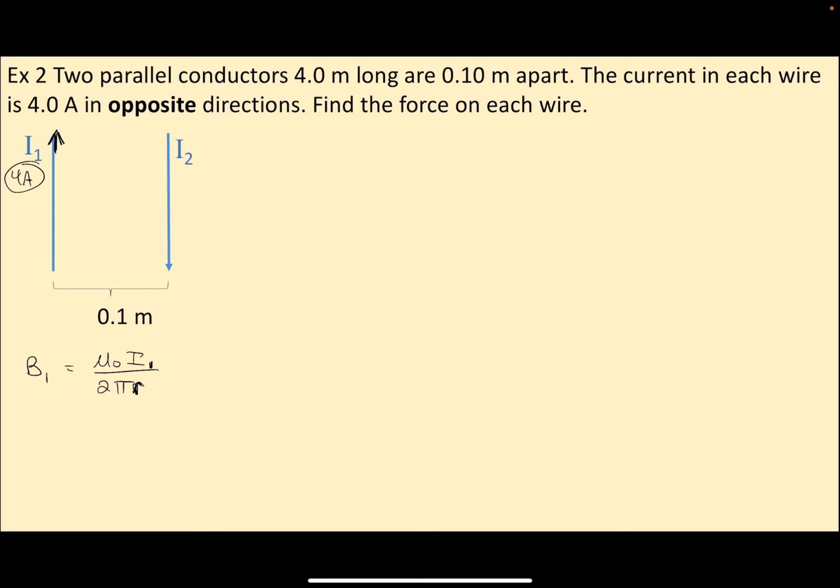Where I'm concerned about it is this far away. So the B field due to wire 1 over here, where wire 2 sits, because I want to know what strength of B field wire 2 sits in. The distance then is this, so the R value that we're going to sub in there is this 0.1 meters.